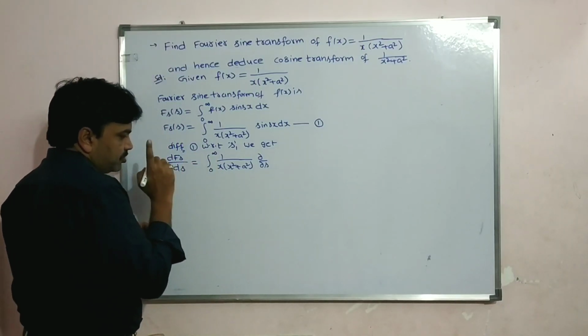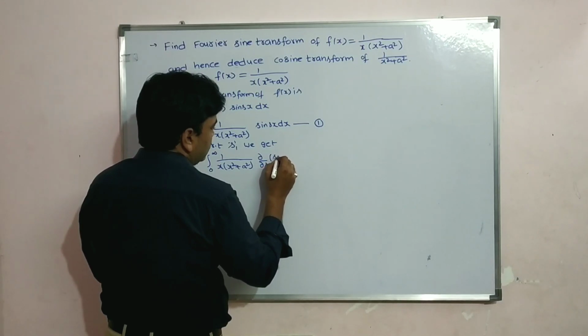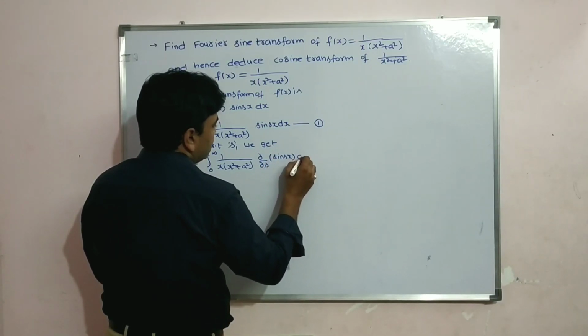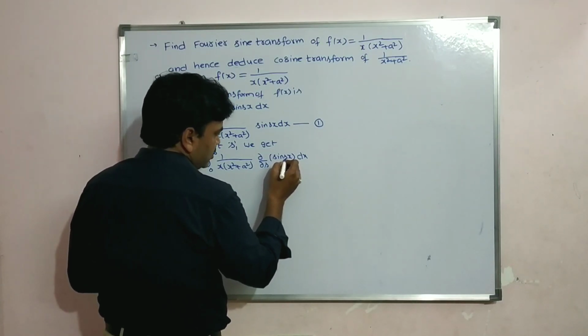Please remember, dou by dou s of sine sx dx, because we have a cos sx term here.